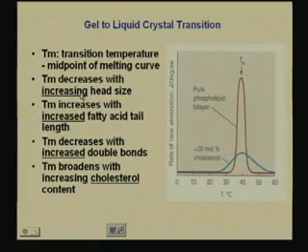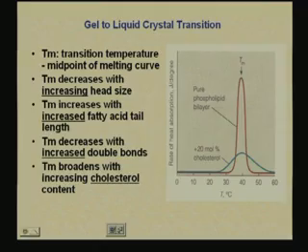If we have increasing head size, you have lesser packing possible, which is going to decrease the melting temperature. You have to recognize that a perfect crystal form or a perfect packing is being disrupted.